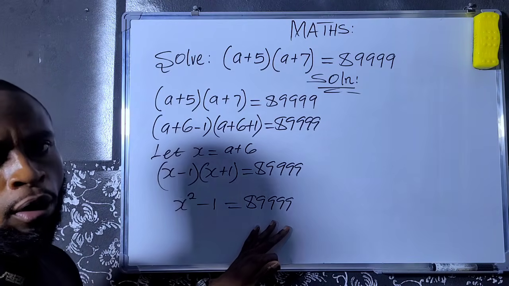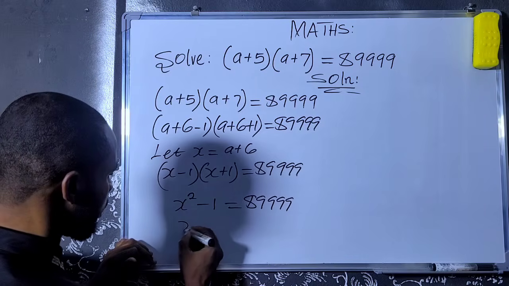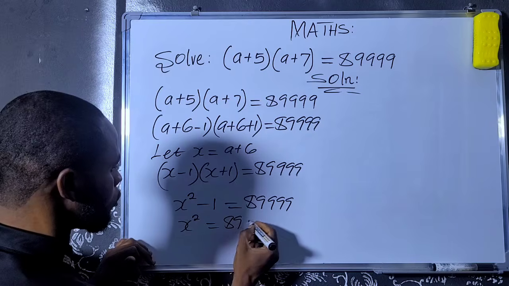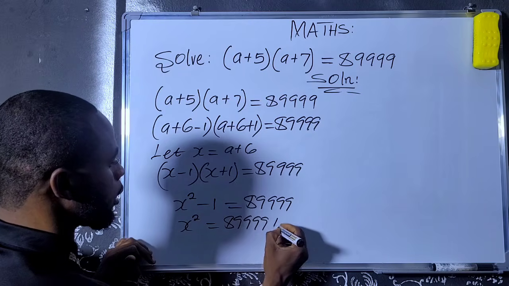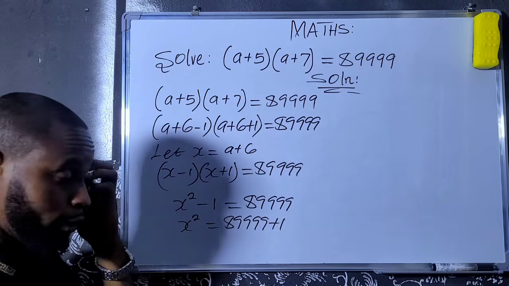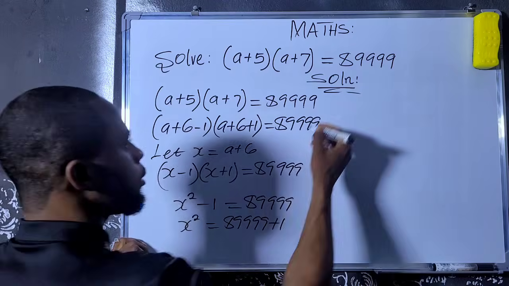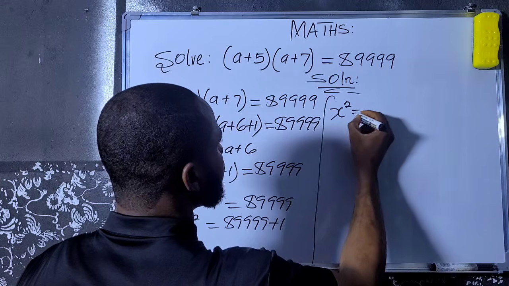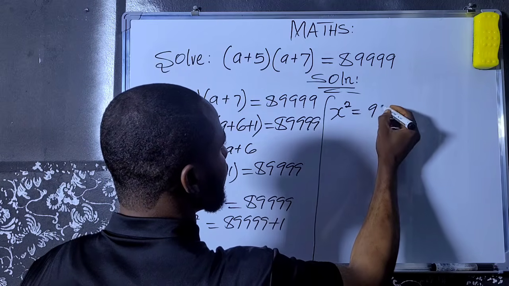Here, we are going to collect like terms, and we have that x² = 89,999 + 1. Then the equation becomes x² = 90,000.